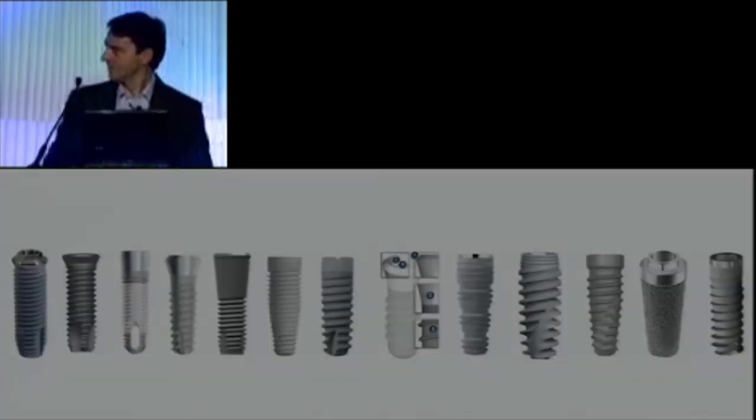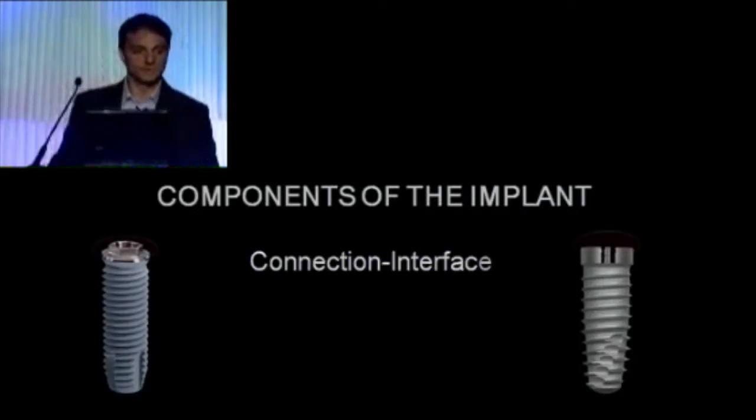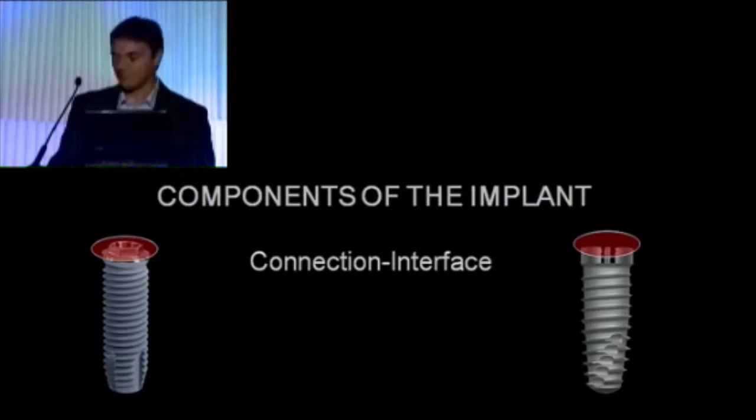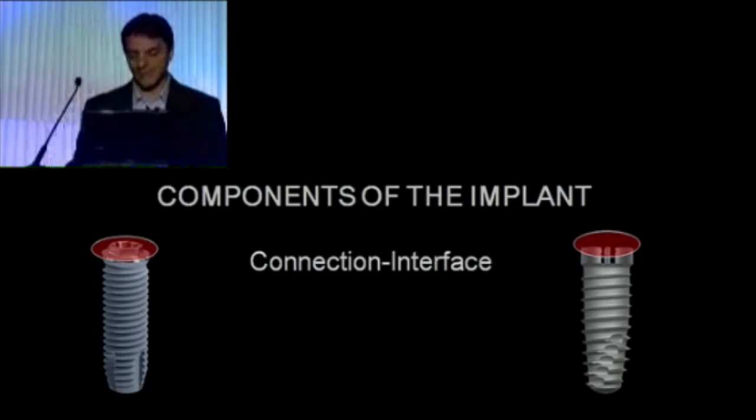So, what I will try to do in this short time I have with you is to go through all the different parts of the implant and just try to see what we can find in the literature that supports the use of one part or the other, different shapes of the implants.